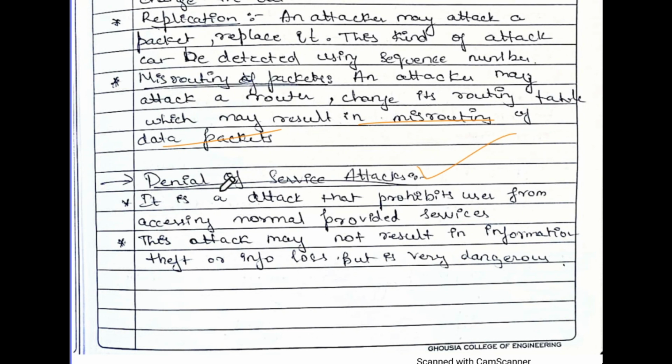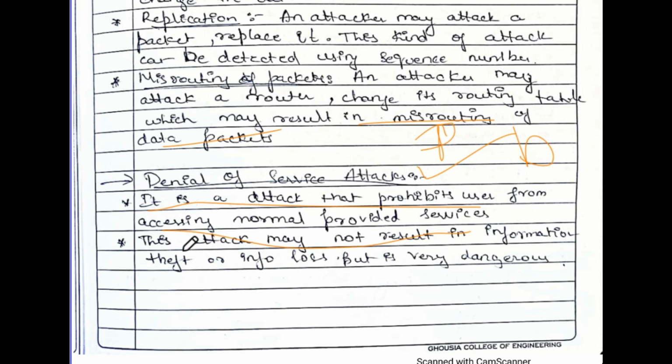Denial of services. It is an attack that prohibits users from making use of services. Gmail is a service, DNS is a service. Whenever these services are attacked, the main aim is to trouble the user.